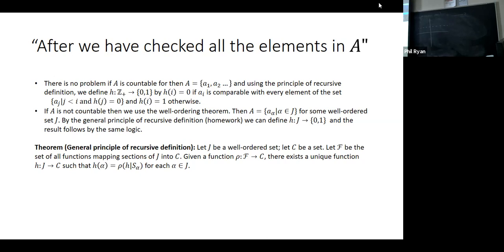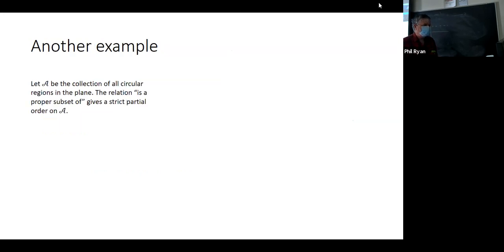And we know that well-ordering is equivalent to the axiom of choice. So this all came to a head in the late 19th century and early 20th century, all these kind of things. So here's another example of a maximal simply ordered set.